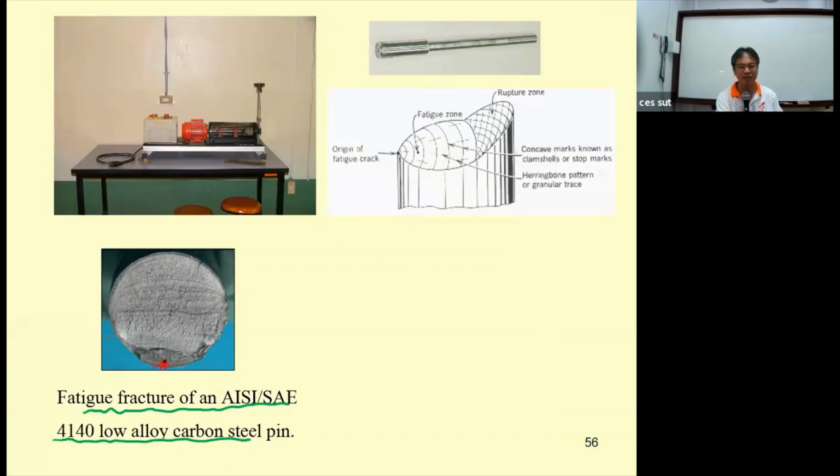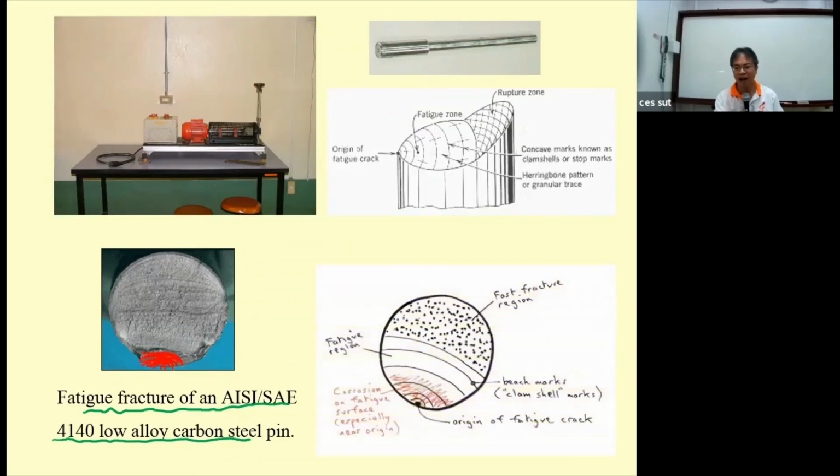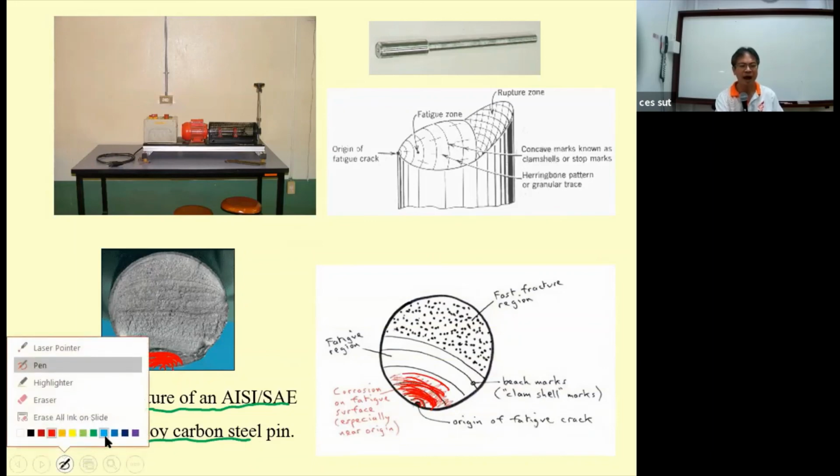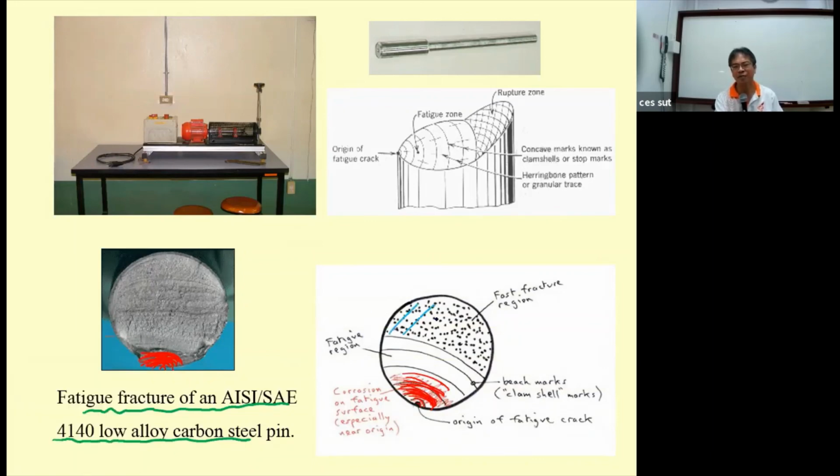Under fatigue, repeated stresses will cause the small micro crack to expand larger and larger from this original crack. And at some point, the material does not have enough material to resist the stress, and then it fails.